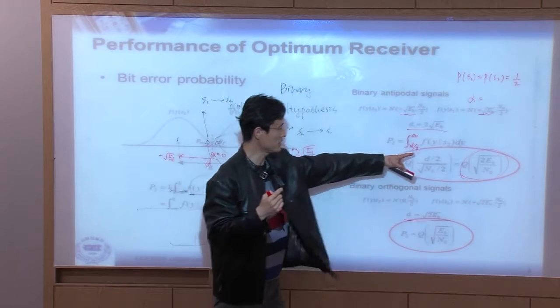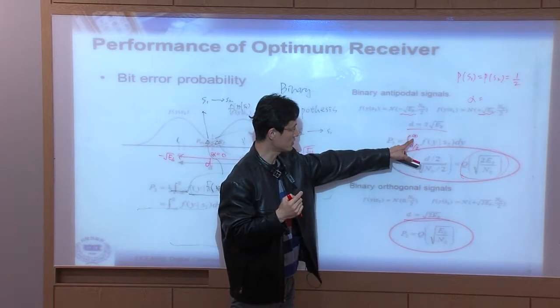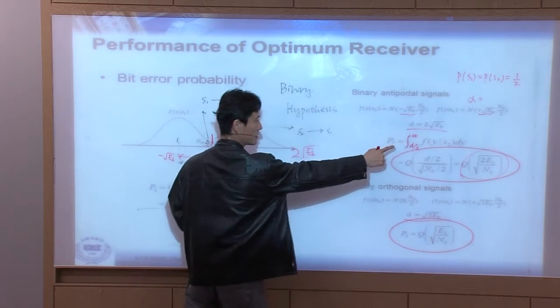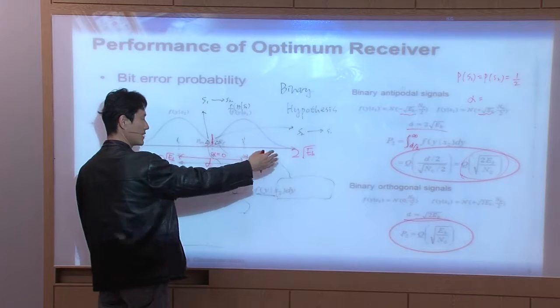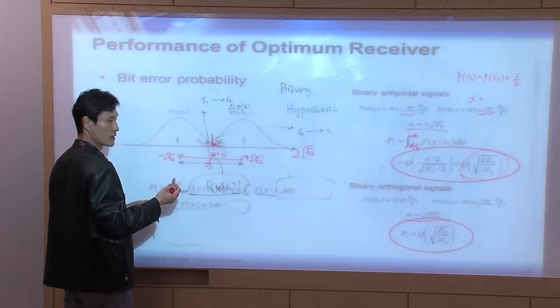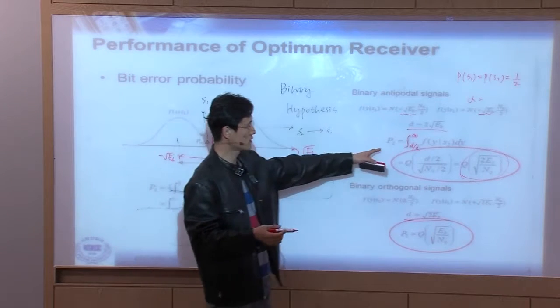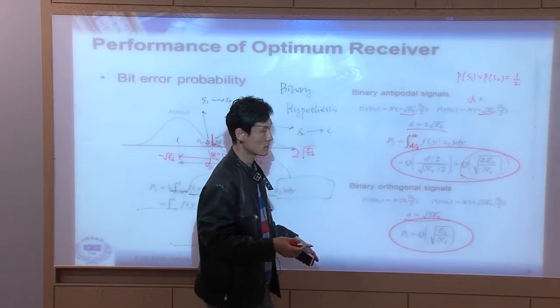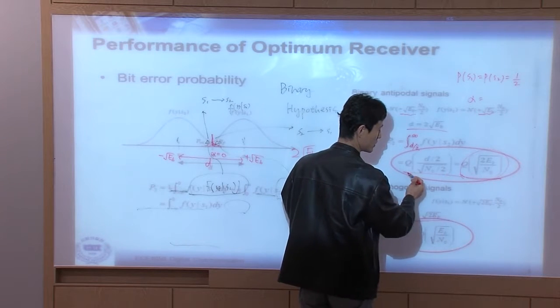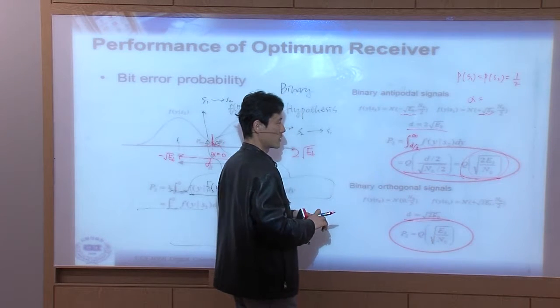That basically means D over 2 to infinity, the right side of this equation. So we are integrating the blue one. We are calculating blue only right now. The blue one is calculated this way.